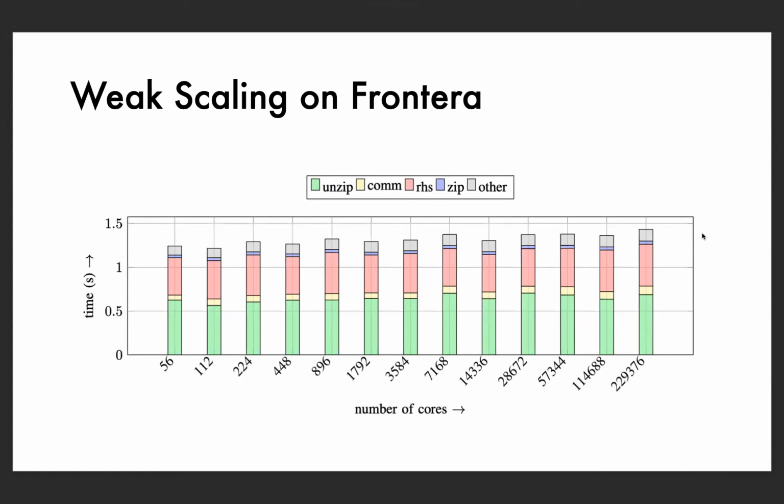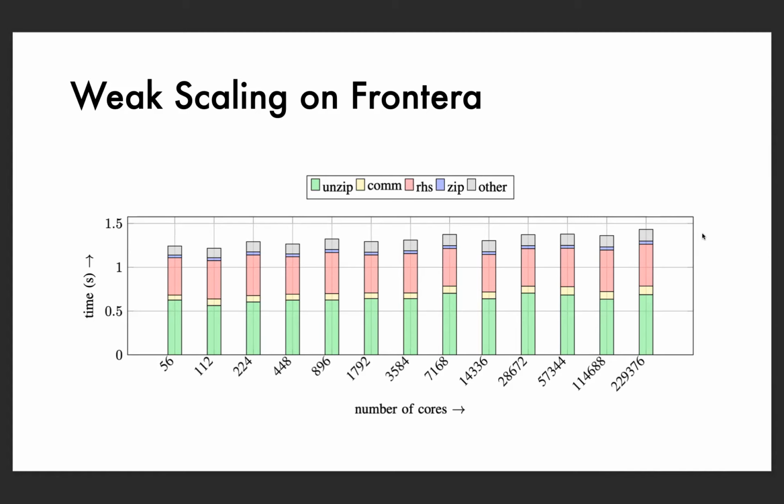The code is very efficient and runs well. This shows the weak scaling on Frontera to about 200,000 cores, and you can see the timing here is fairly flat. The different colors on the bars tell you how much time the code spent doing different things.